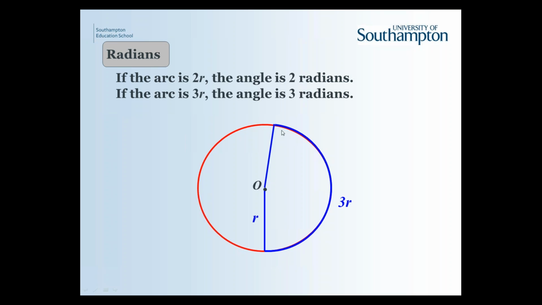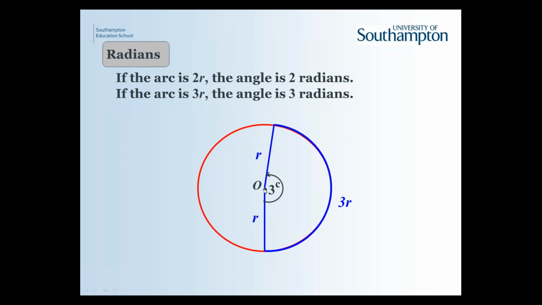As you can see, this is fairly accurate in the way that I've drawn it. As it's progressing around this circle, you can see that we're almost at 180 degrees, not quite. So 3 radians is almost getting towards 180 degrees.